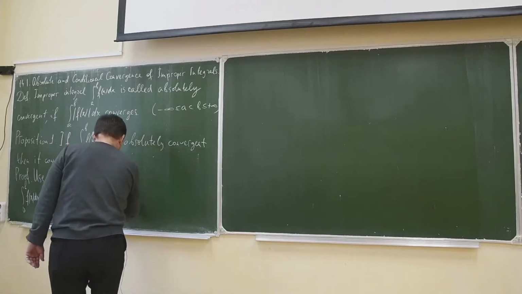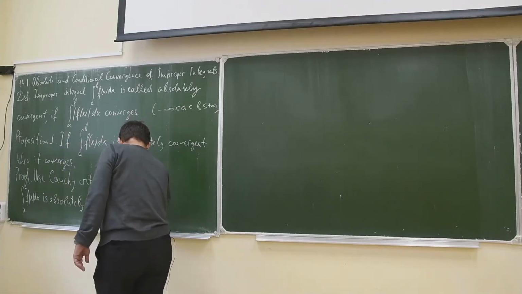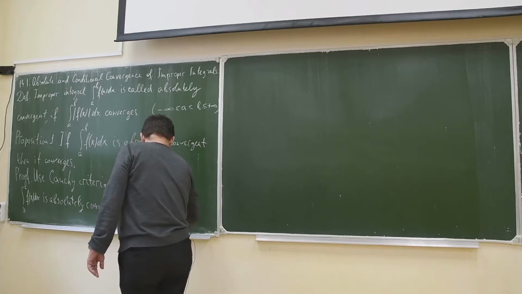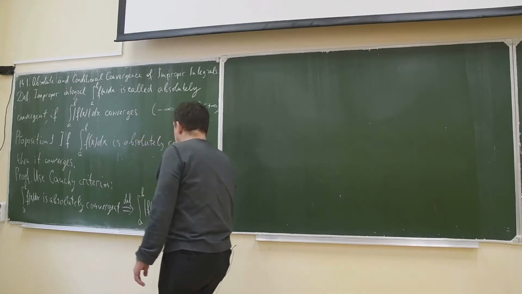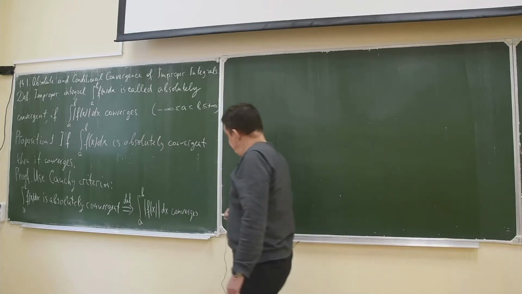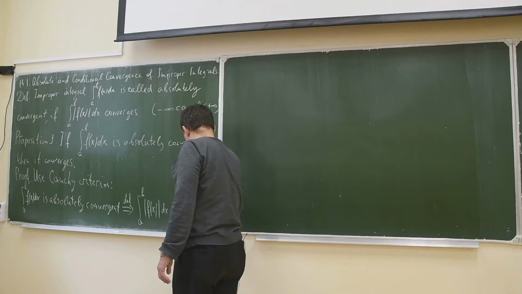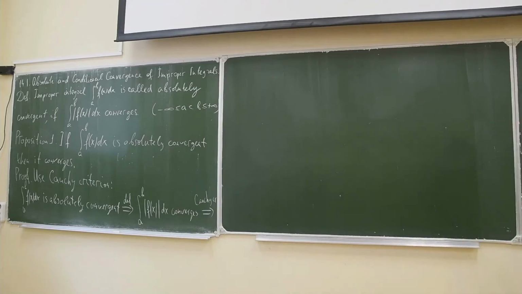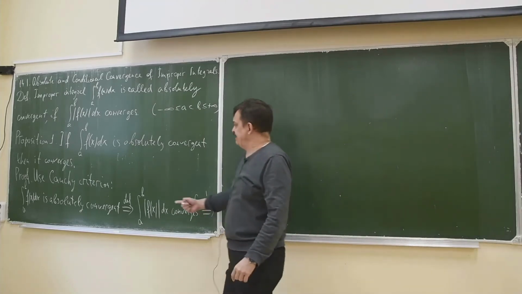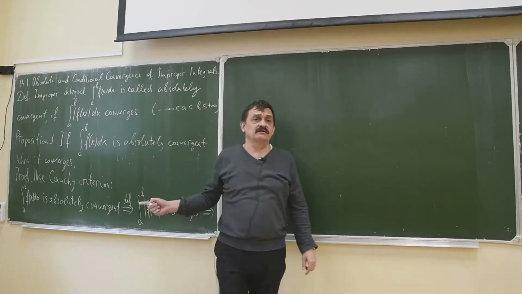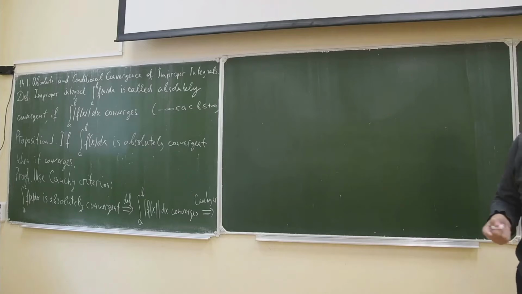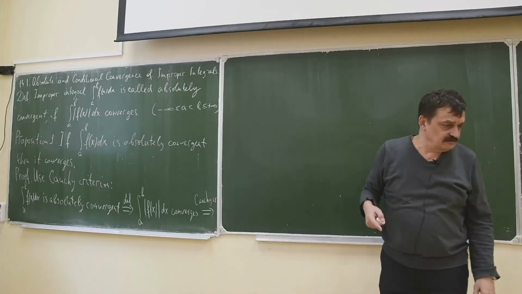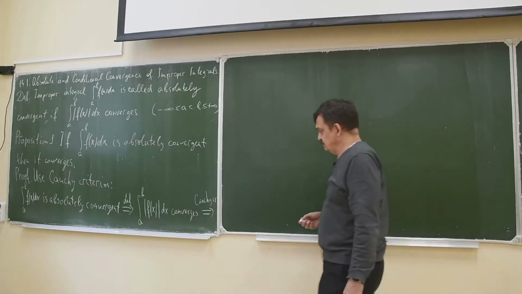Then by definition, the integral of modulus converges. Okay, then we use the Cauchy criterion. And without loss of generality, I'll suppose that we have a singularity only near b, doesn't matter which, finite or infinite, because we formulated the Cauchy criterion for this case, so I'll use just that one.